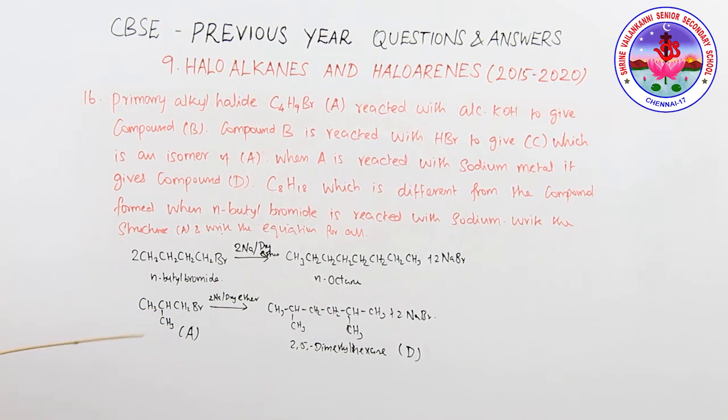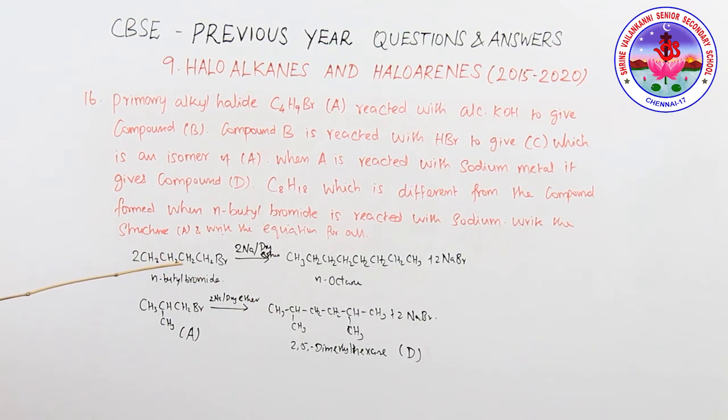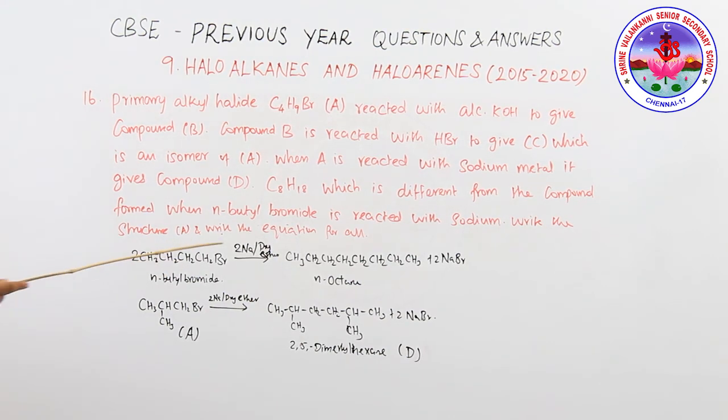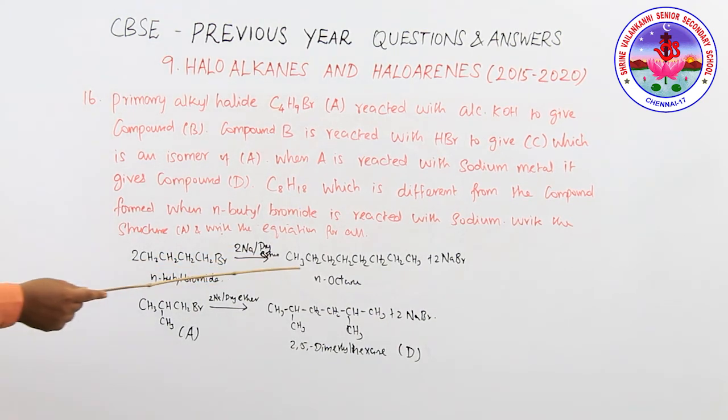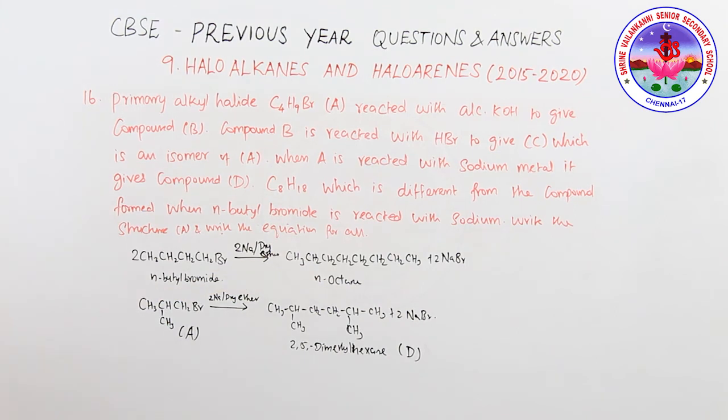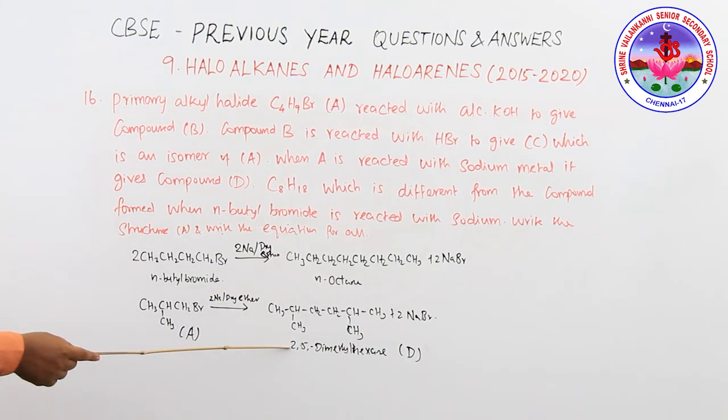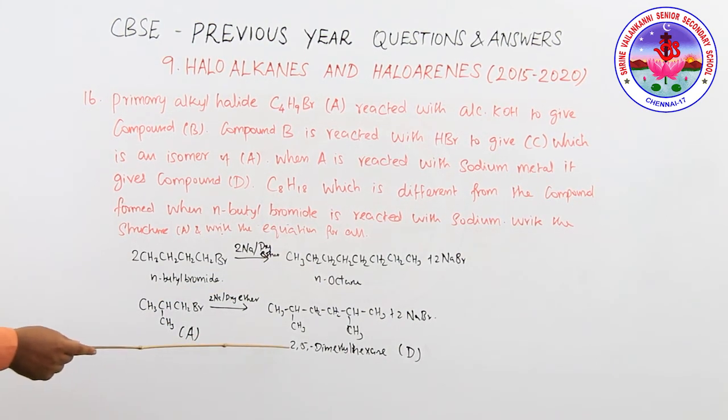Therefore compound A is n-butyl bromide or isobutyl bromide. Now it reacts with sodium metal in the presence of dry ether to form C8H18. n-Butyl bromide would give n-octane, but this gives 2,5-dimethylhexane, that is compound D.